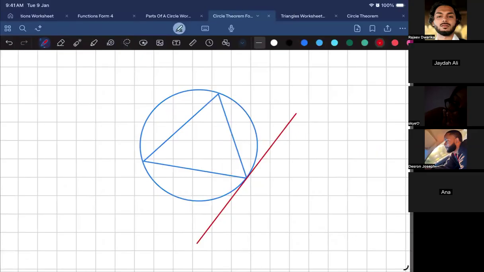Because I have a triangle and a tangent, obviously I would have an angle in the middle, so I would have an angle over there, and I would have an angle over here as well. So that theorem basically says the angle between the tangent and the triangle is equal to the angle on the inside, but the opposite one.